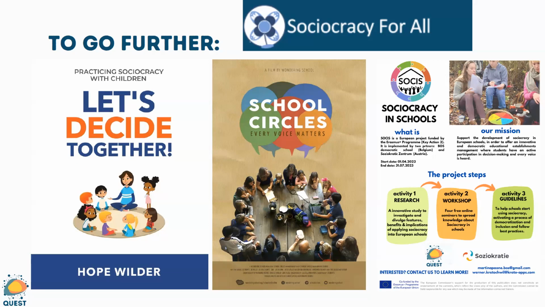You can also see on our website the project Sociocracy in School, which has just finished, and read the research and the guidelines to promote sociocracy in school. You can give them to your school principal or to parents, to see how we can promote it better.